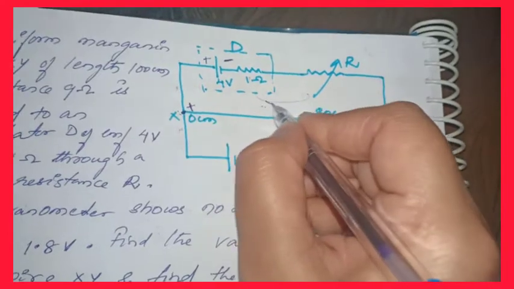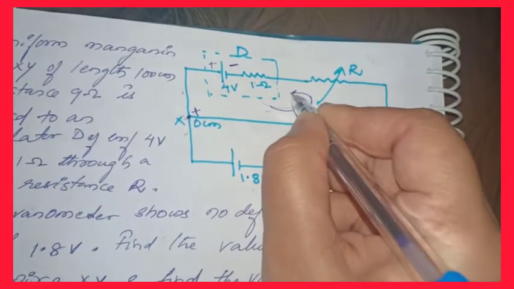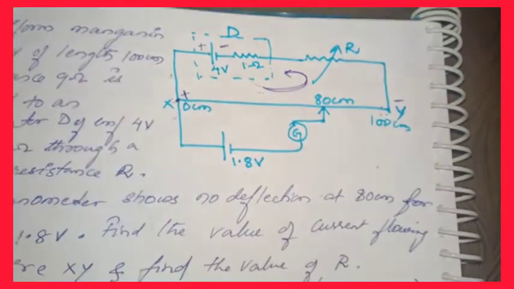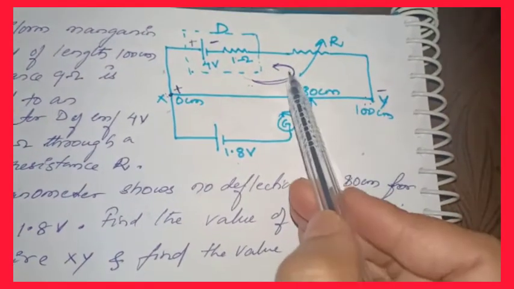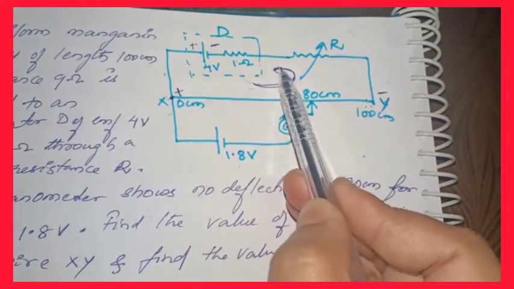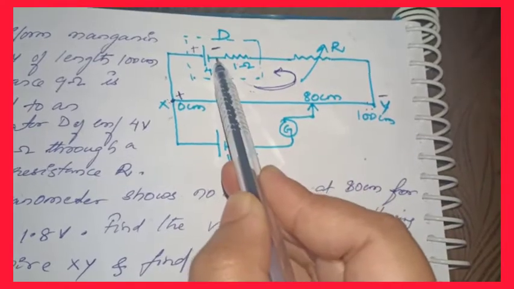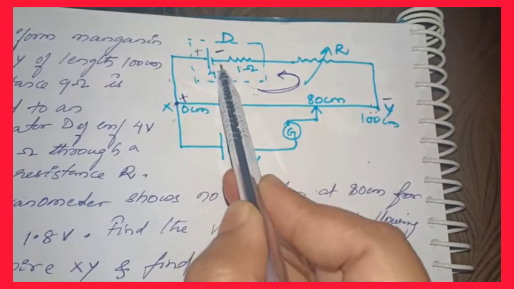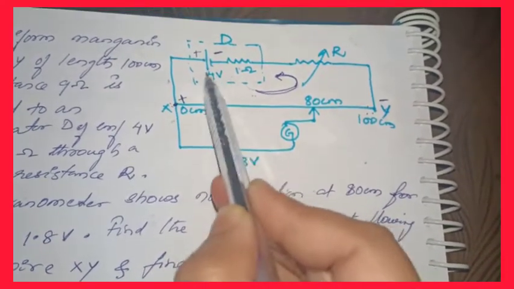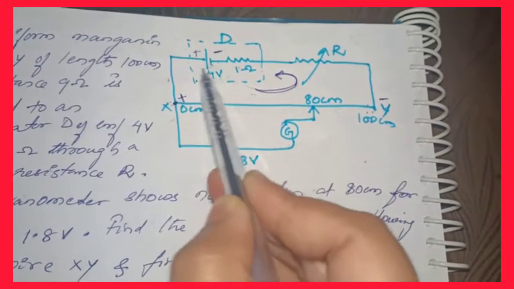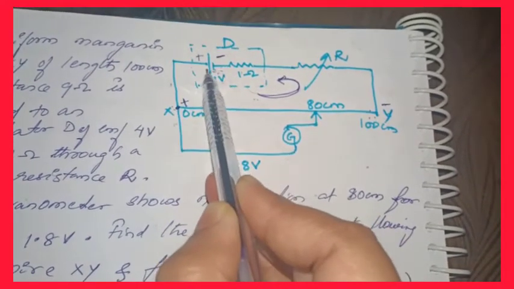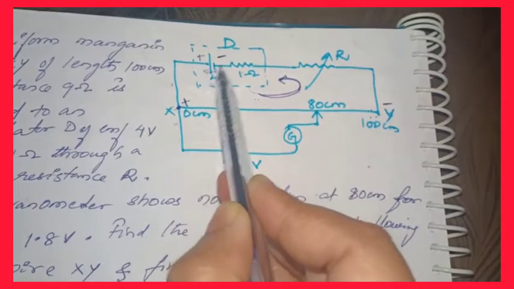Let me take the direction of anti-clockwise in the upper circuit. So you can see my direction which I have taken is from minus to plus for the accumulator, and that's why the EMF of the accumulator will be positive, because my direction is from minus to plus for this EMF.